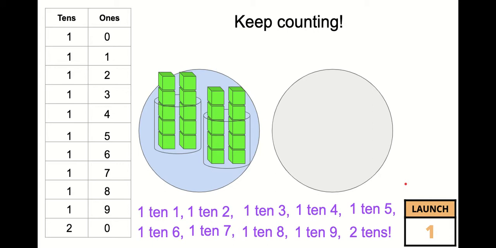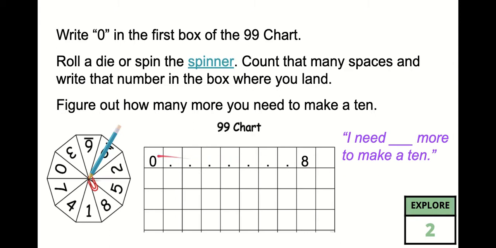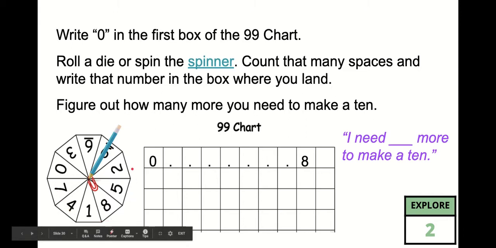Okay, let's keep going. So, today in Seesaw, you're going to get a 99 chart. And your goal is to fill it out by using the spinner to count which number you're going to start at.